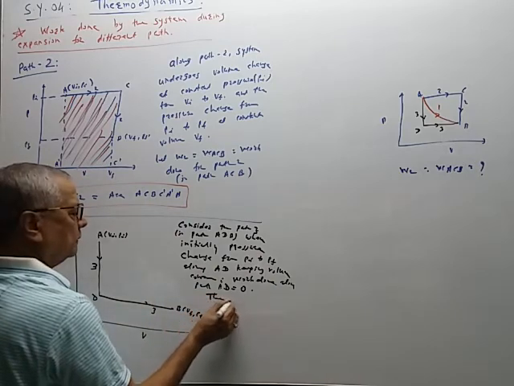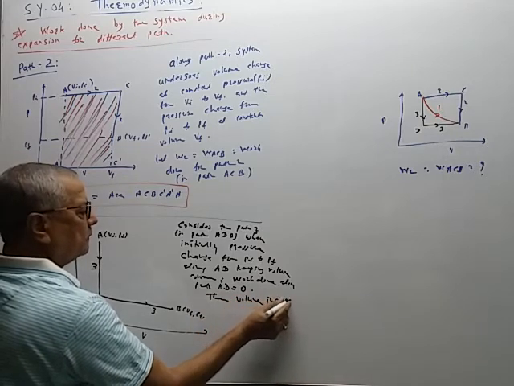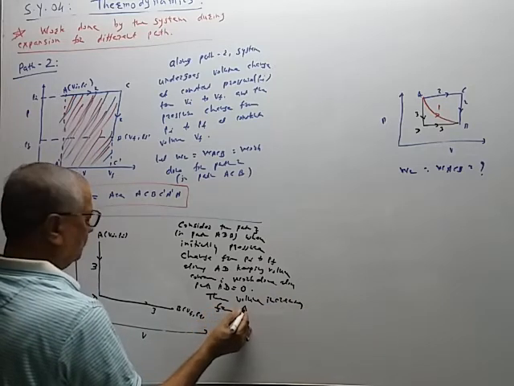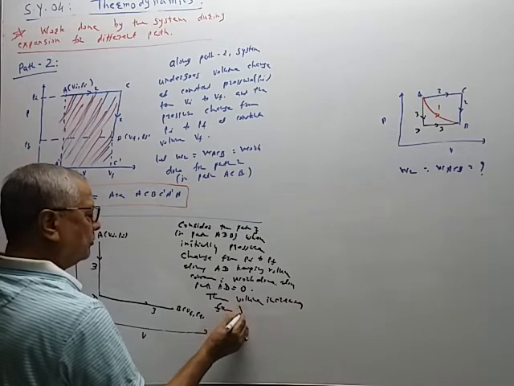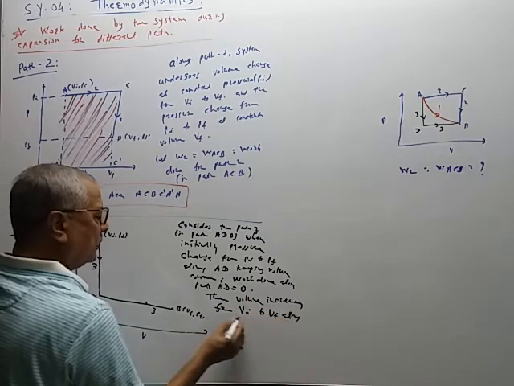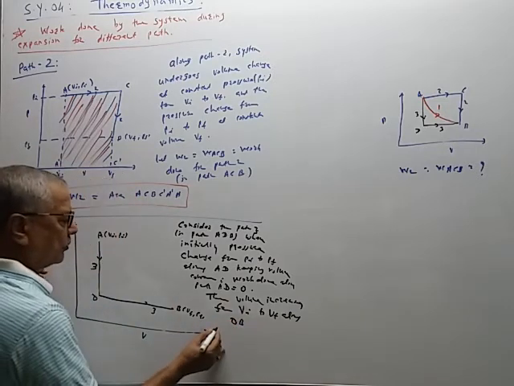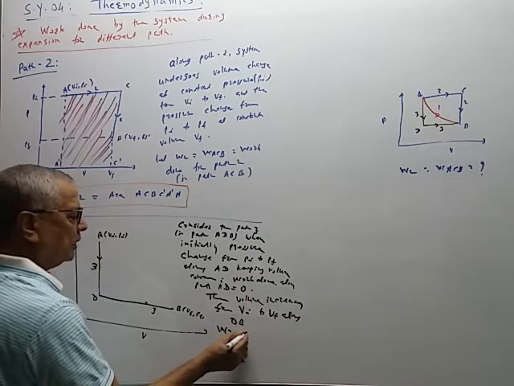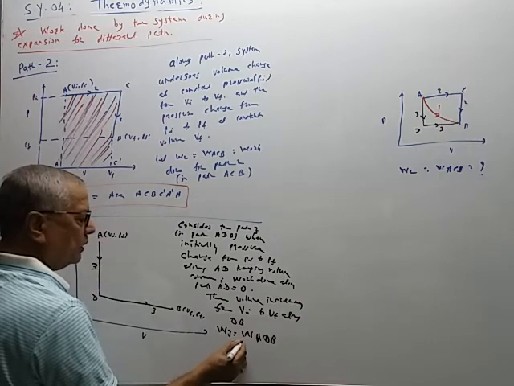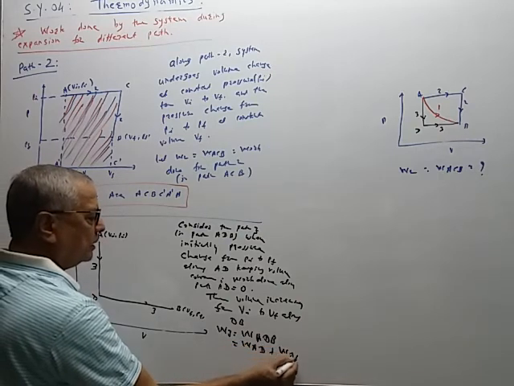Then volume increases from Vi to Vf along DB. Therefore, W3 is equal to WADB, is equal to WAD plus WDB.